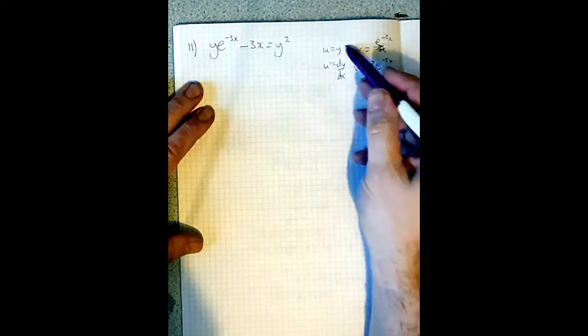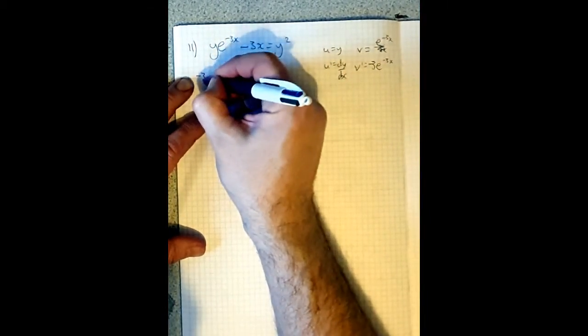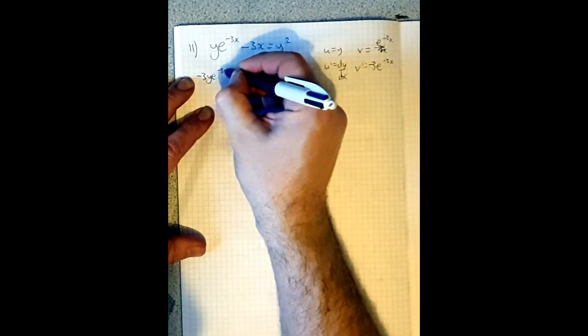So u dash v plus u v dash for the product rule. u dash v, minus 3y e to the minus 3x.